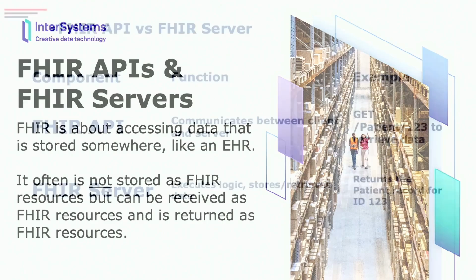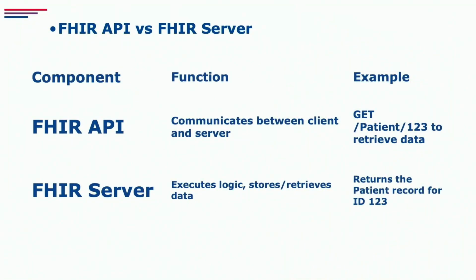First, many of you may know this, and it doesn't always make much difference, but the difference between a FHIR API and a FHIR server. A FHIR API is the communication between a client and a server, and the server is the logic, the software that stores and retrieves the data.